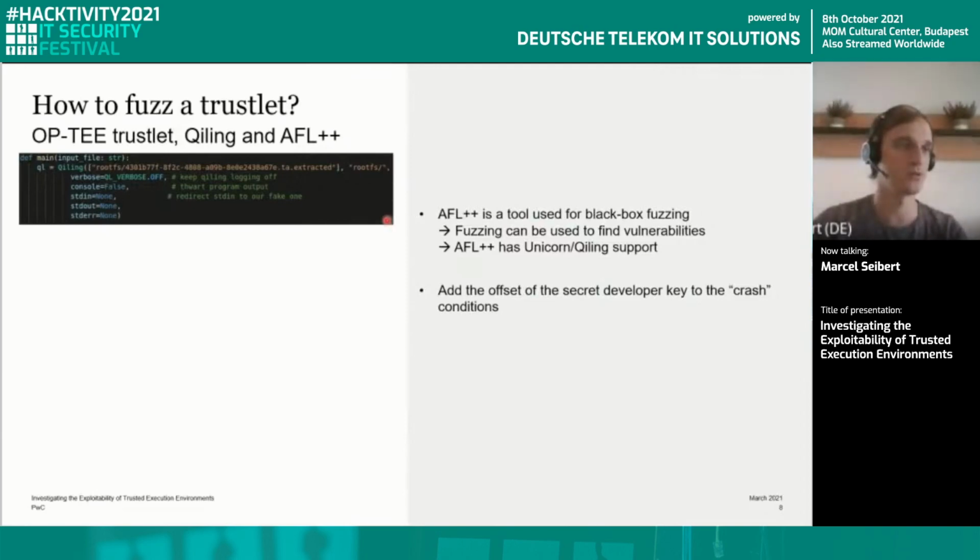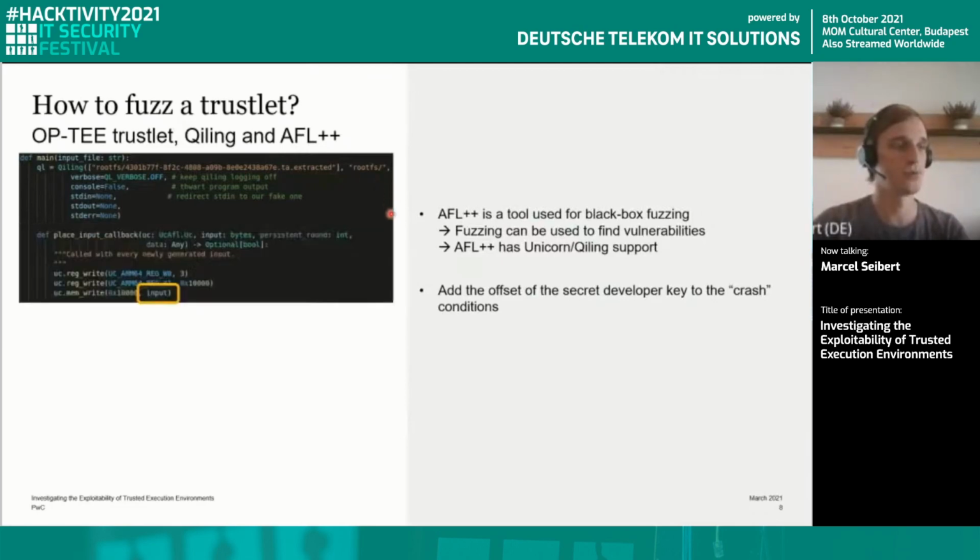So here, again, you can see we're just loading it up in our Qiling, give it the correct trustlet with the extracted ELF file. Then we would have a function with the input bytes we are getting from the fuzzer.